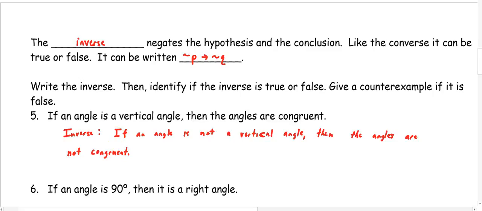This statement is false because they might not be a vertical angle, but they might be an angle bisector and they might still have congruent angles. So if we had an angle bisector, our angles could still be congruent even though they're not vertical. So this is false.